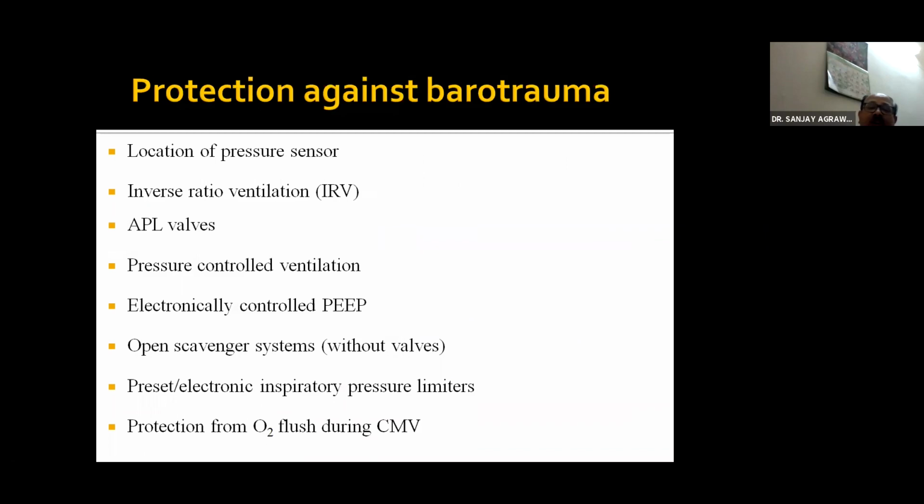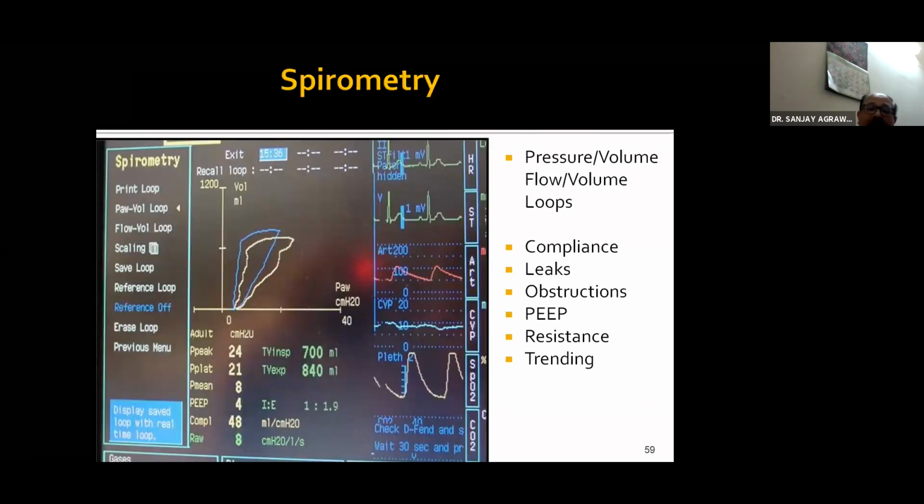Protection against barotrauma is now provided with the workstations, and we can give different modes of ventilation in these patients. So these are certain things which have now been incorporated into the anesthesia workstation. Spirometry has come up, which is incorporated, and this gives a real-time image of the respiratory mechanics happening in the patient while the patient is on the anesthesia machine.